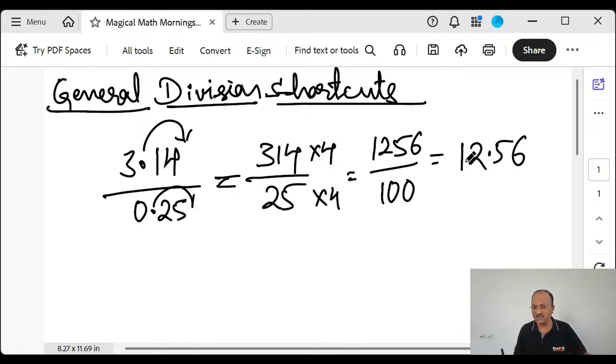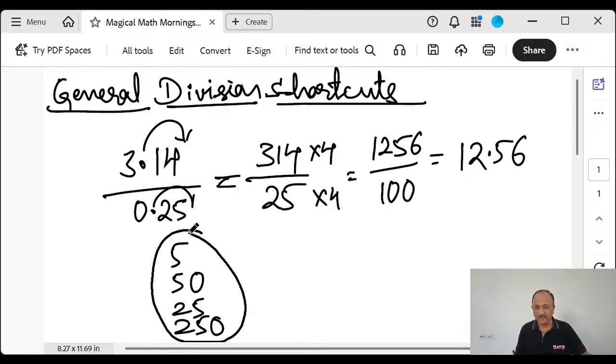Yes, you people are faster than me. Correct? So whenever we are dividing by 5, 50 or 25 or 250 or even 500, we are going to use the same method. Either double it or double twice. The same thing can be utilized when we want to divide by 0.125 or 1.25 also.